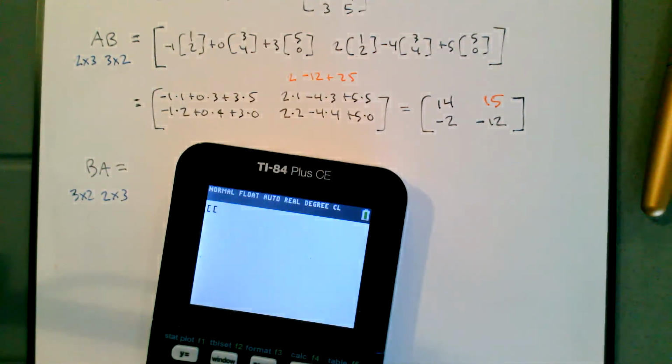So I'll put in the first matrix B, negative 1, 2, and then 0, 4, 3, 5. And I'll multiply by the matrix A. 1, 3, 5, and then 2, 4, 0.